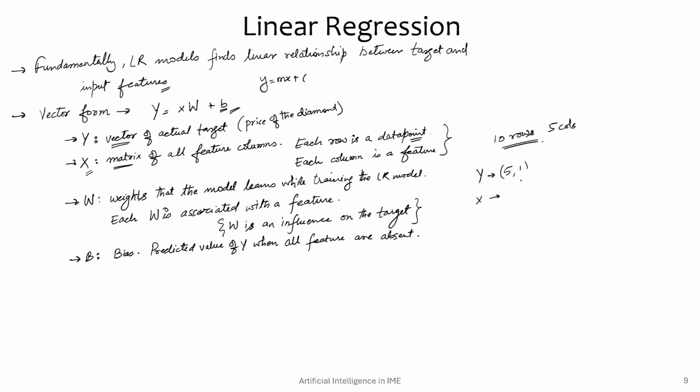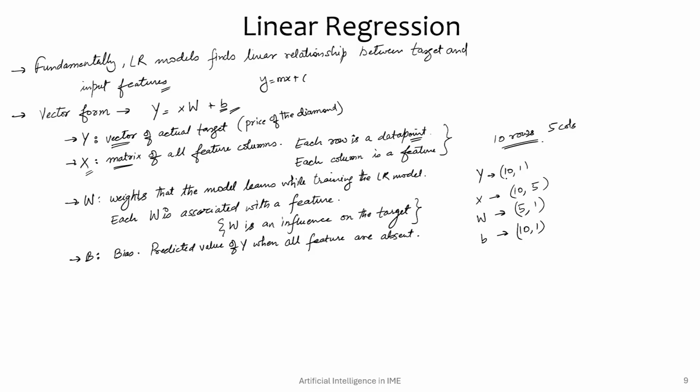So the rows have 10, means we have 10 data points and we have 5 columns. So here we have a 10 comma 5 matrix, and w, since each weight is associated with a feature, so we need to have a 5 comma 1 vector. Okay. And b is nothing but we can directly get it, like b will be a 10 comma 1 vector.